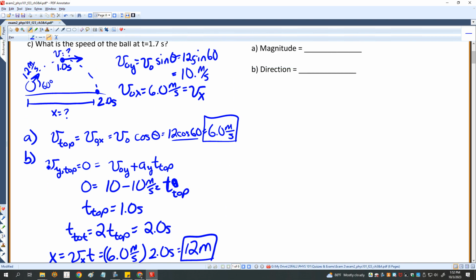So let's make a point here that that's going to be right about here. And one component of that is 6.0 meters per second. That's what I found in the first part, which is also the velocity at the top and the initial velocity in the x direction. So I need to know the magnitude of this vector first.